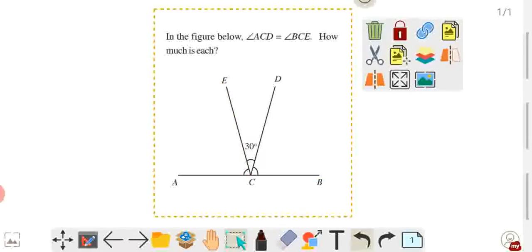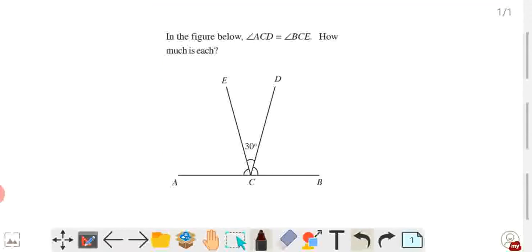Then you have to find out the other two angles. From here it is clear that the angle DCB is equal to angle ACE, that means this angle. This is a clue for you.